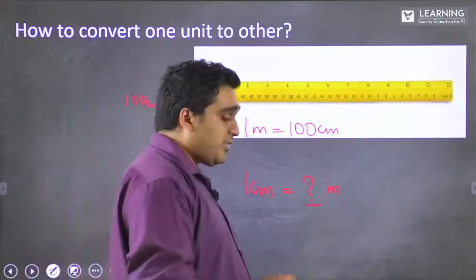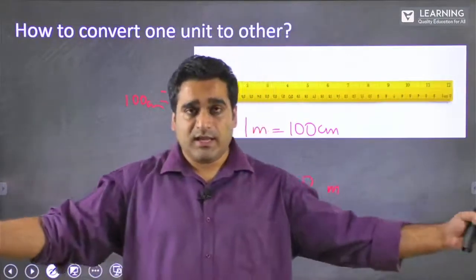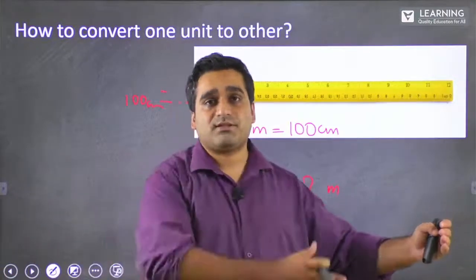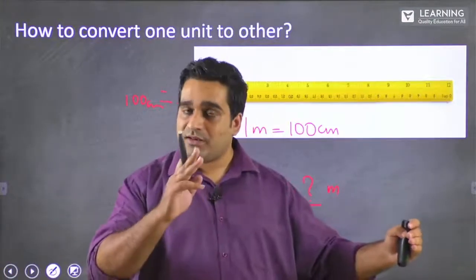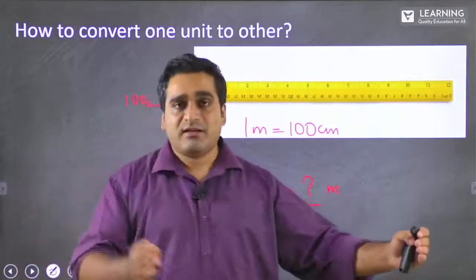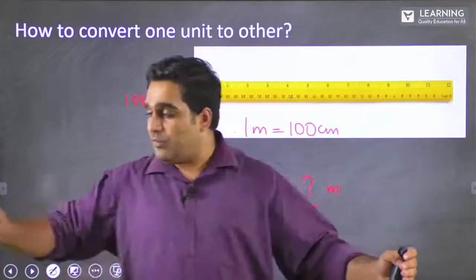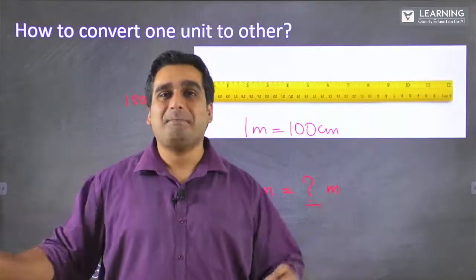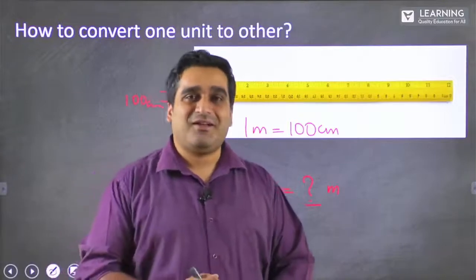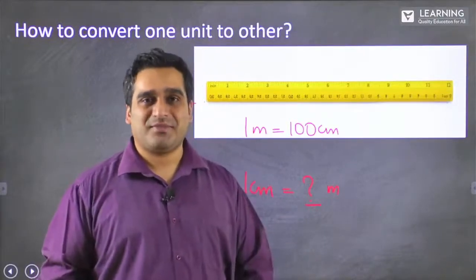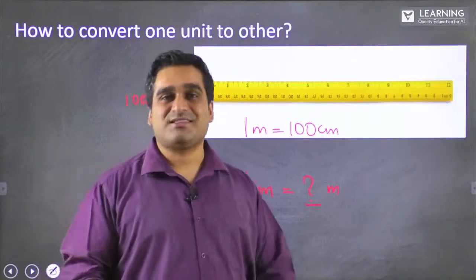Similarly, if I take a meter scale and cut it into 1000 parts, not 100 but 1000 parts, then one part of that meter scale will be 1 millimeter. The reason why we call it millimeter is milli, which is 1000.